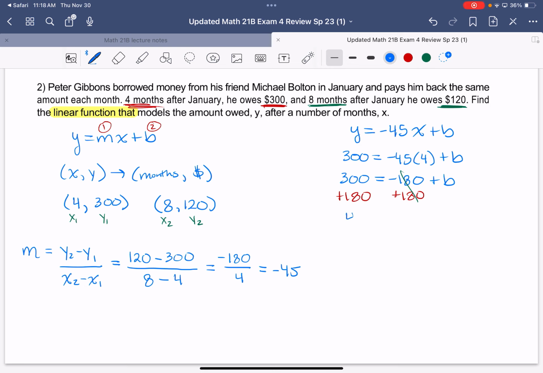So that'll be 480 equals b. So overall, our equation to model how much money Jared owes after x amount of months is y equals negative 45x plus 480.